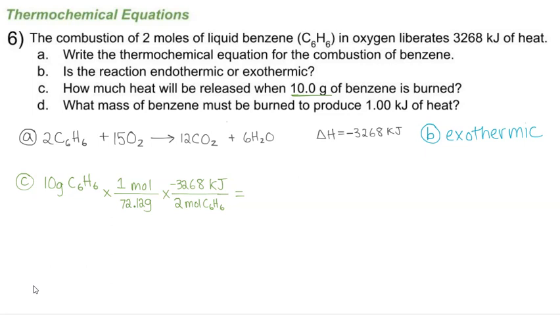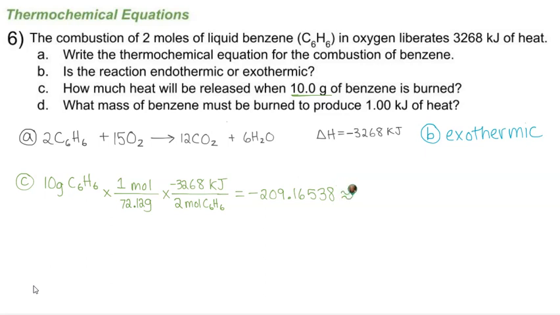10 divided by 78.12 divided by 2 times 3268. Ah, yes, I think I typed something in wrong the first time, so I got negative 209.16538. Sometimes if you think you have a mistake, it's best just to type it back into your calculator again.